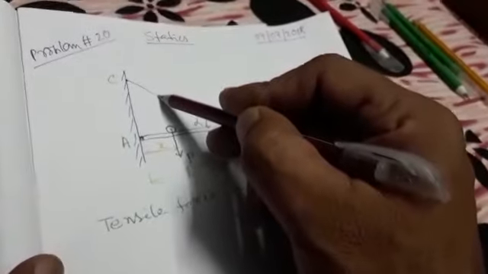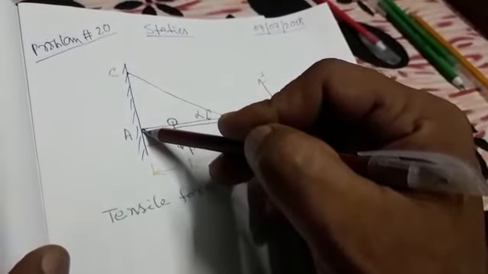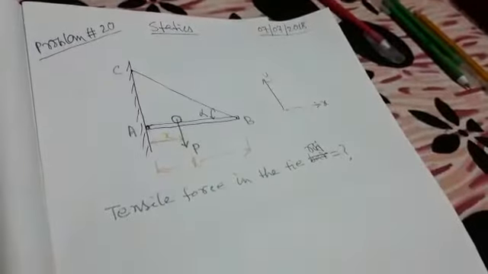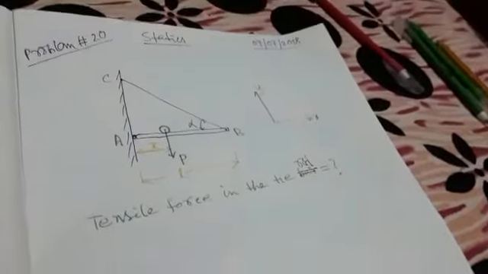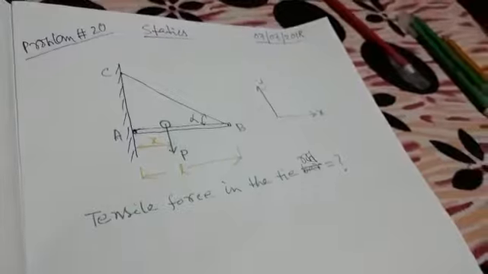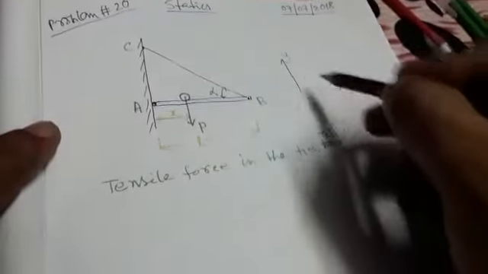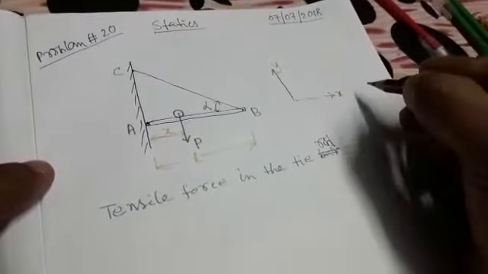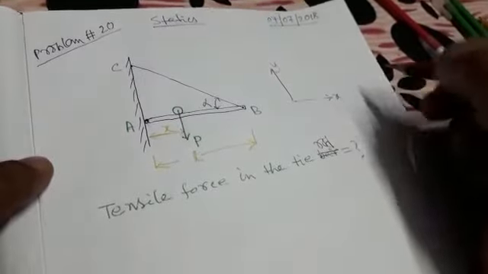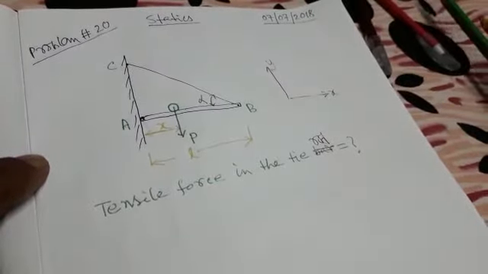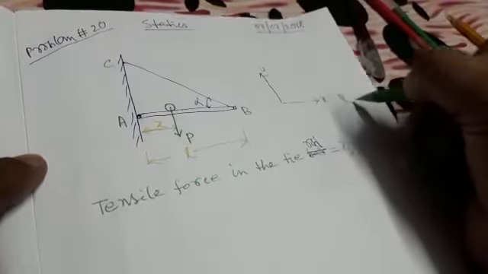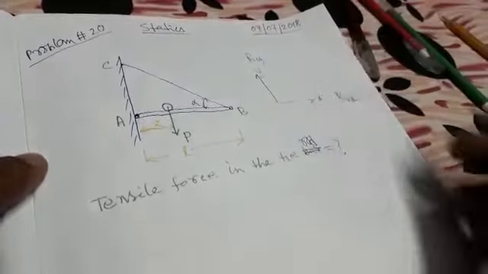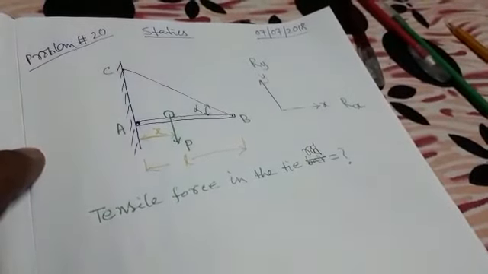If you join this point and A, then you will get the direction of the reaction at A. That reaction can be resolved into two components, one along the x direction, denoted by R suffix x, and another along the y direction, denoted by R suffix y.